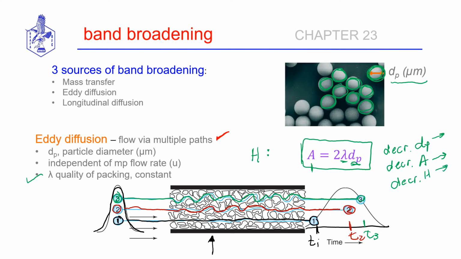And that means you're going to enhance your resolution. So once again, historically, LC was not even an effective method until industrial manufacturers could start producing these silica particles with a spherical morphology and very small particle diameter.